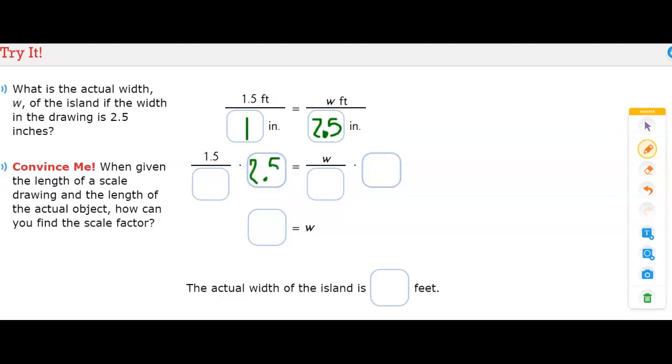That's a 1 on one side, and that cancels, and then we have 1 5/10 times 2 5/10. That is 3 75/100, which is equal to the actual width of that island. So the actual width would be 3 75/100 feet.